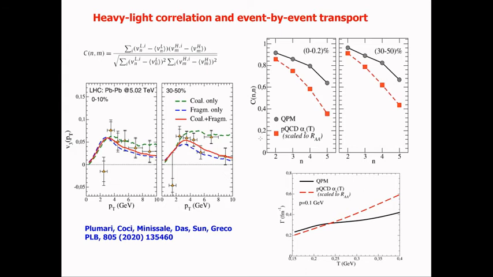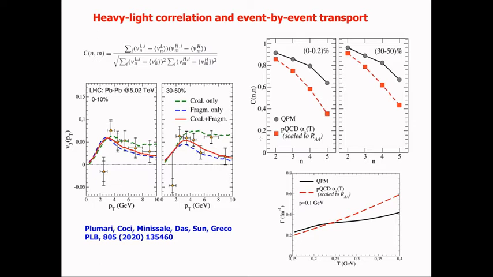Then further, we extend the same model, including the event-by-event initial conditions. With this, we also compute the higher order harmonic, for example, v3. So here we have also plotted the v3. As we can see, this model also works well for v3, and we are able to explain v3 as well.